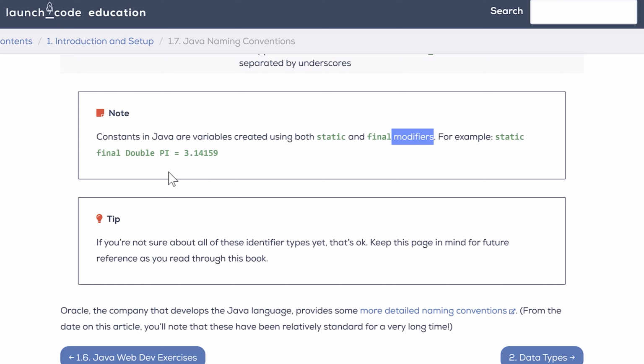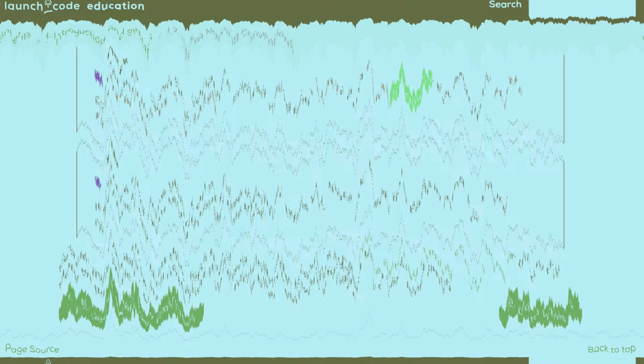Tip: if you're not sure about all of these identifier types yet, that's okay. Keep this page in mind for future reference as you read through this book. Make sure you go ahead and bookmark this and label it so you know how to find it. Organization is very key for being a developer.